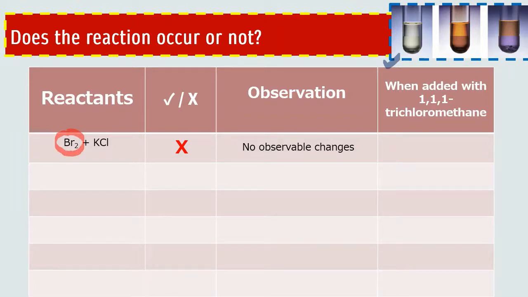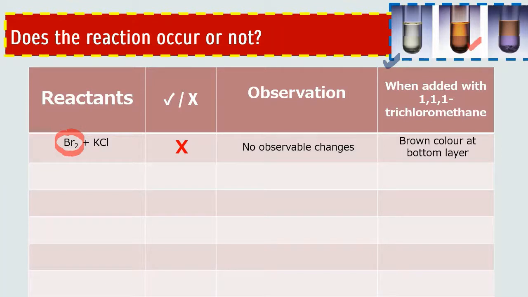So the color of bromine water in 1,1,1-trichloromethane is brown or orange. Therefore, we say that the brown color at the bottom layer formed identifies or confirms the presence of bromine that hasn't reacted with potassium chloride.